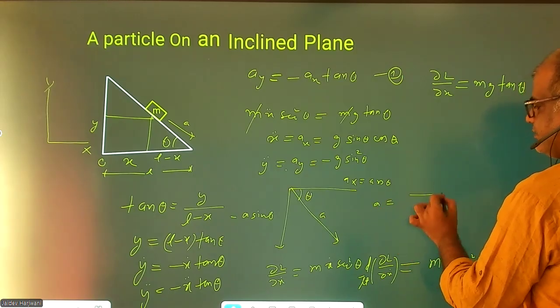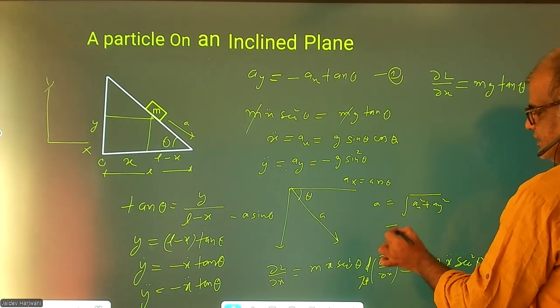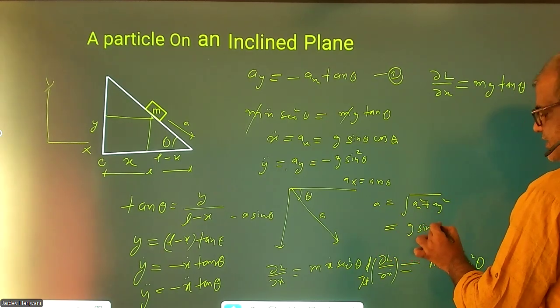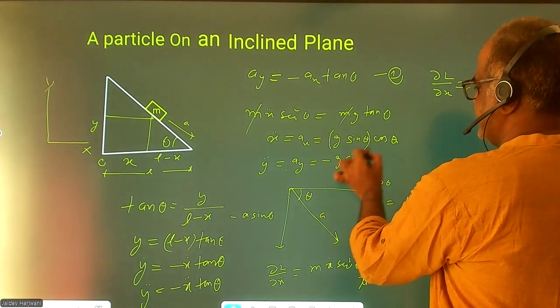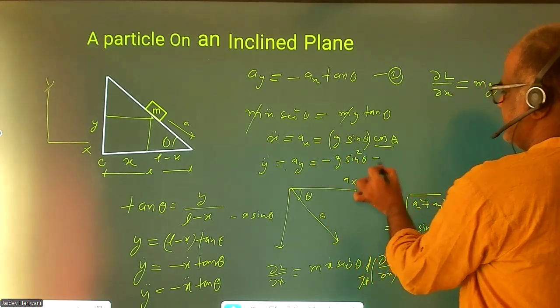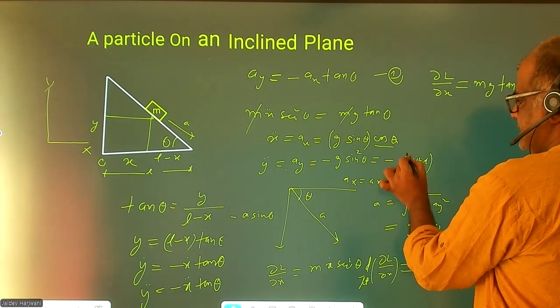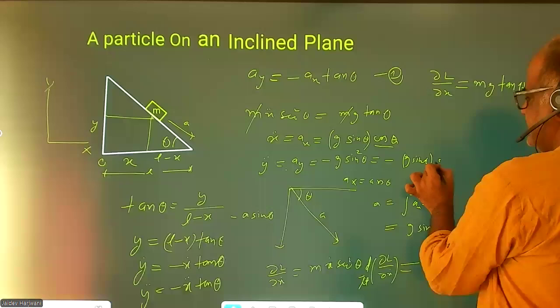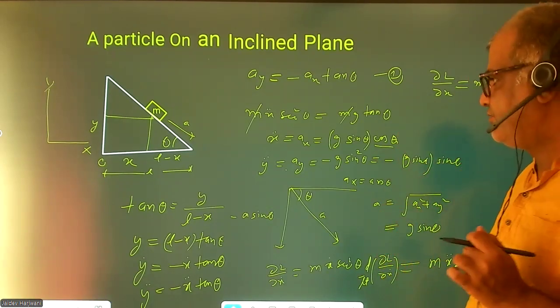A is equal to the square root of ax squared plus ay squared, and this gives me g sine theta. So g sine theta is the magnitude of the total acceleration. This is the x component, g sine theta cos theta, and this I can write as minus g sine theta sine theta. This is the y component for this problem.